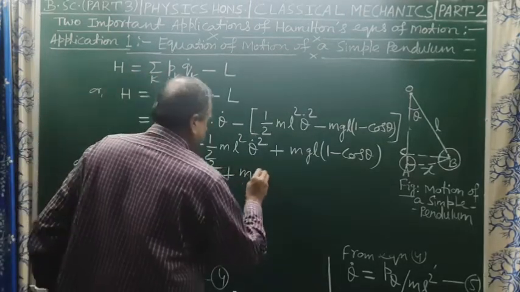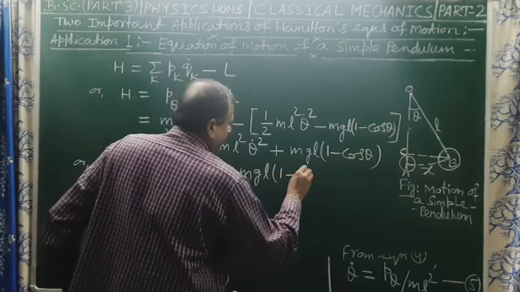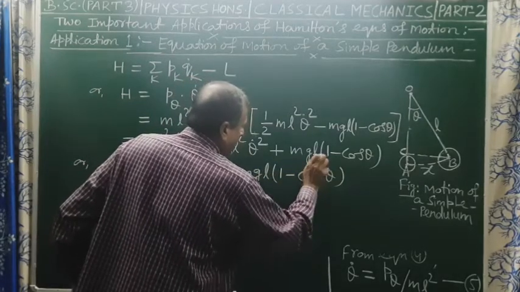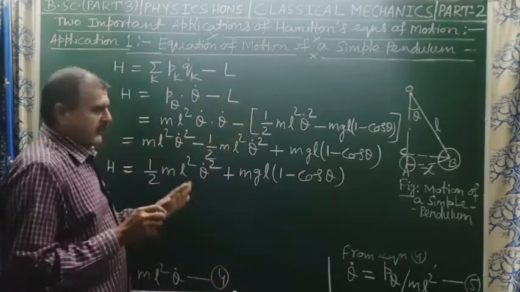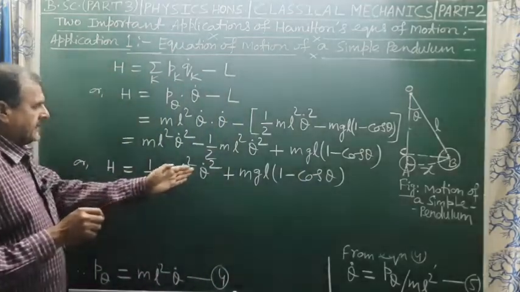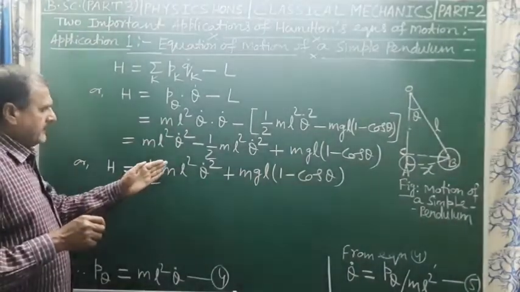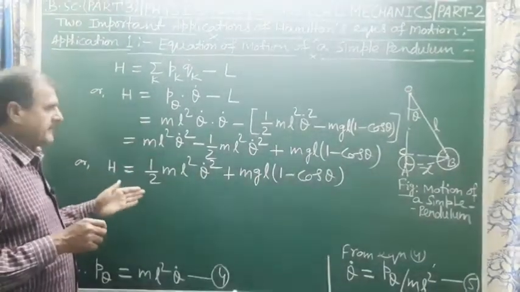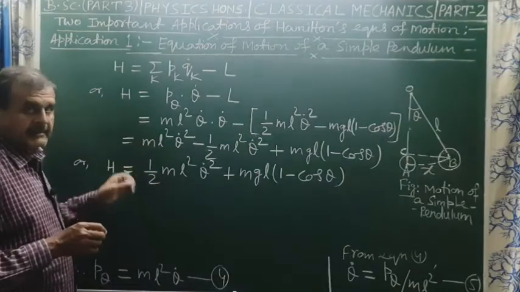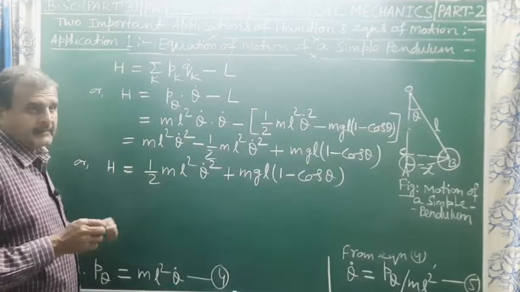plus mgl(1 minus cos theta), which is the potential energy of the bob of a simple pendulum, and half ml square theta dot square is the kinetic energy. That is T plus V, kinetic energy plus potential energy. The Hamiltonian represents the total energy of the system.